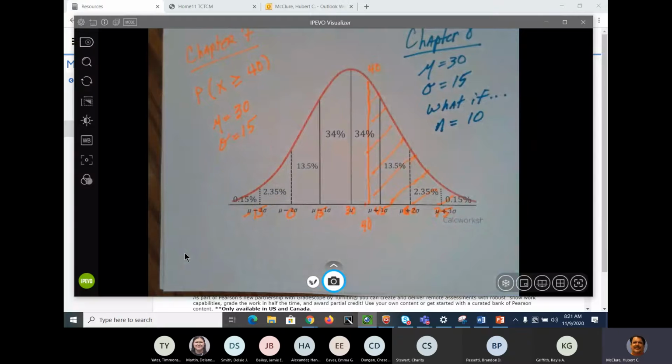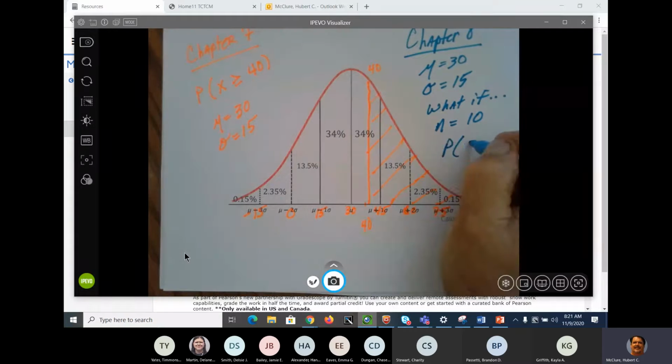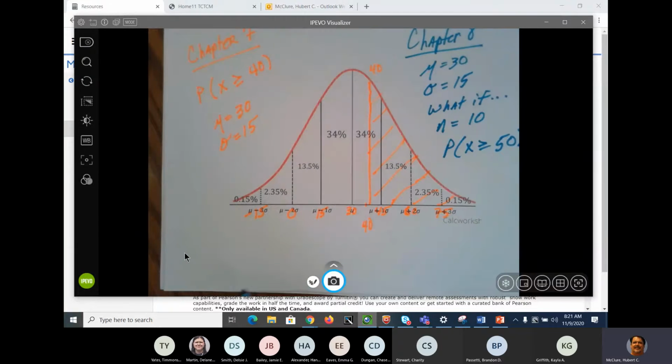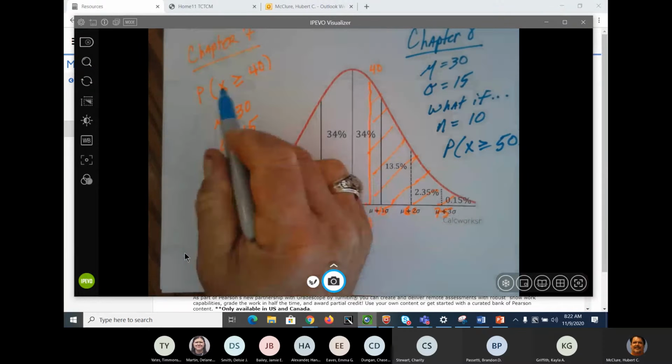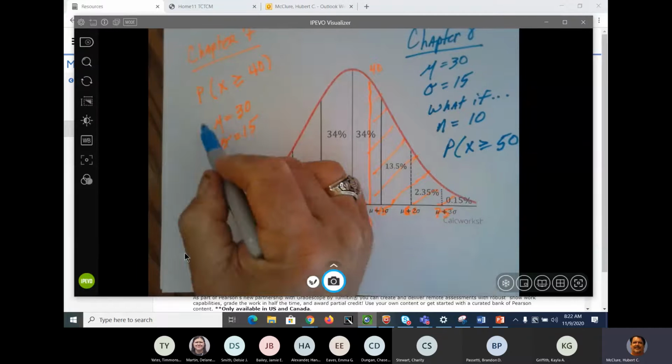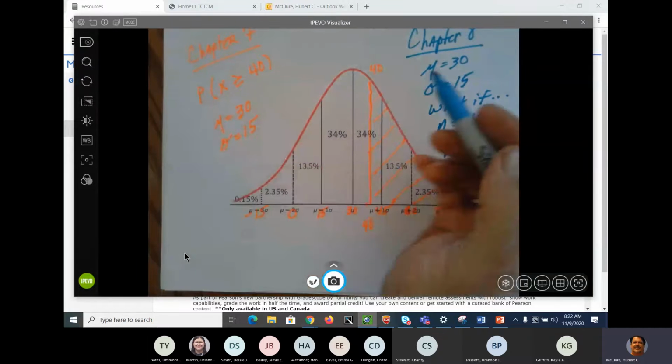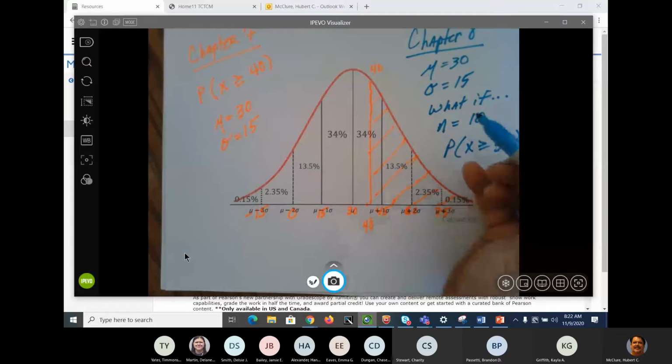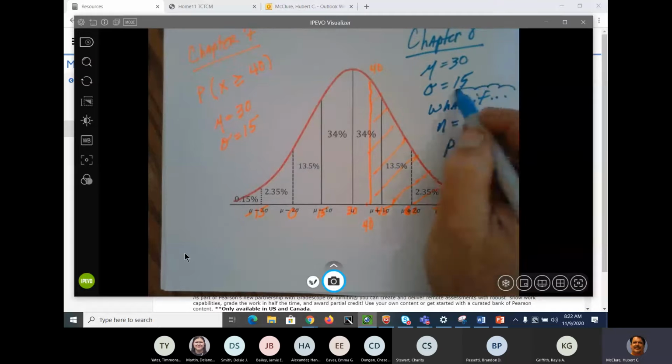What is the probability of their score being greater than or equal to 50? Now that's the difference between the two questions that we're going to be starting with. This is chapter 7, and this is chapter 8, and the only thing that's different is that right there.